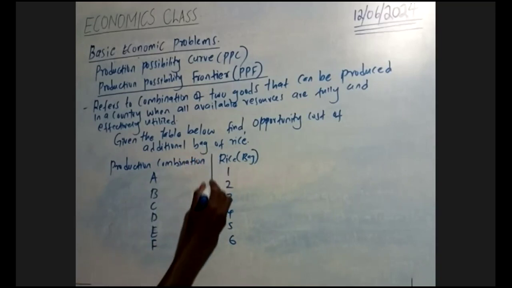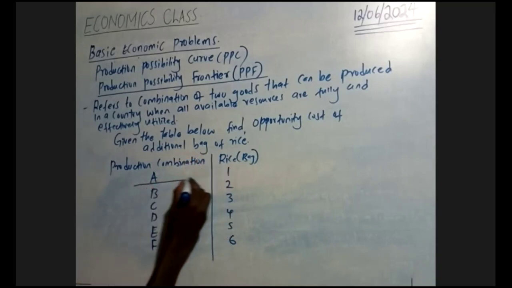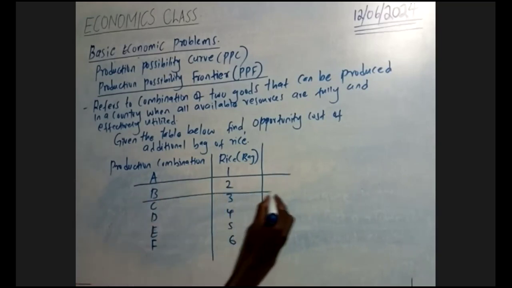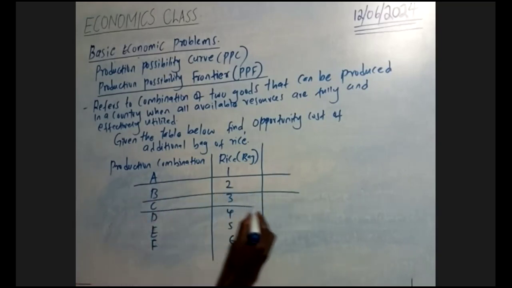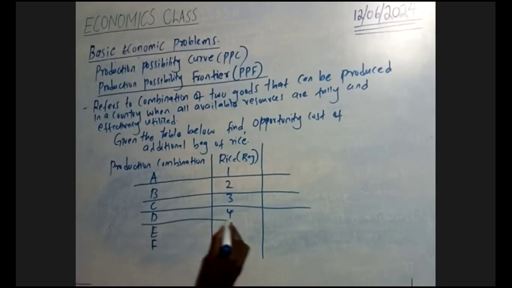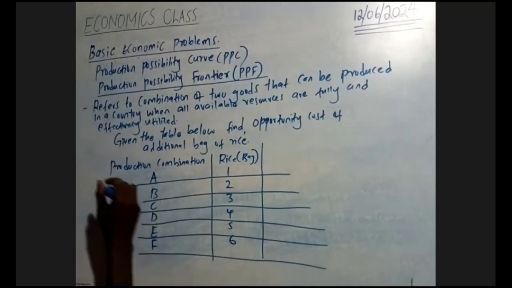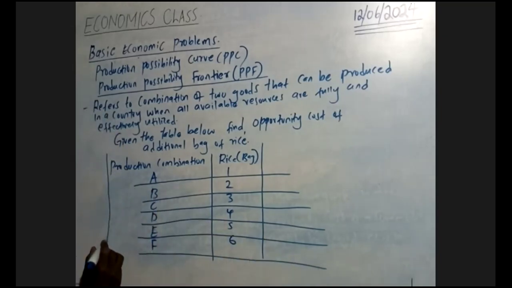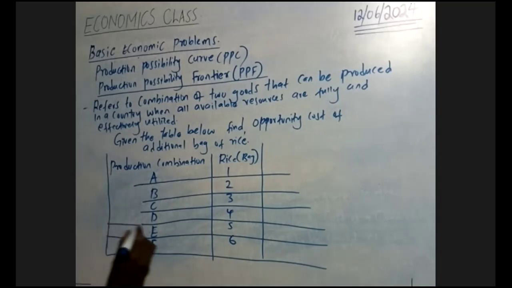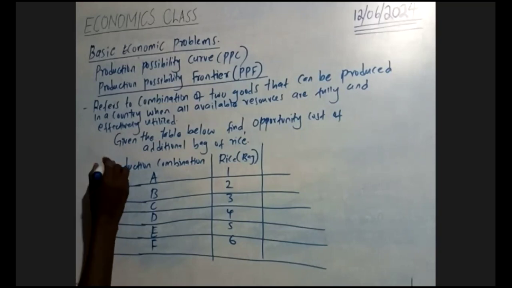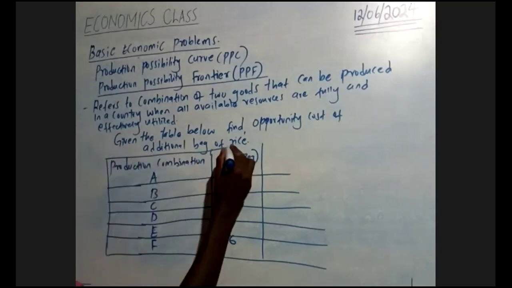So hii inafaa iko kwa table. I hope inaonekana. So you have a table here, a small table here. You can unaweza kuchora hapo ukajaribu kuchora.